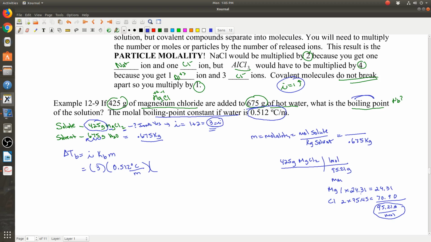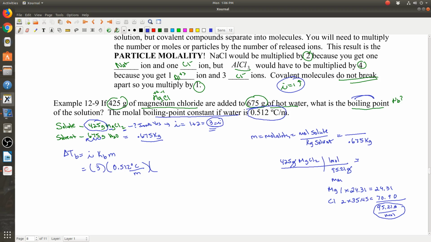Magnesium is 24.31. So 2 times 35.45 for chlorine is 70.90. Add them together, I get 95.21 grams per mole. So I put that up here. The grams on the bottom, the moles on the top, because I'm trying to figure out how many moles. The units cancel. So 425 divided by 95.21.